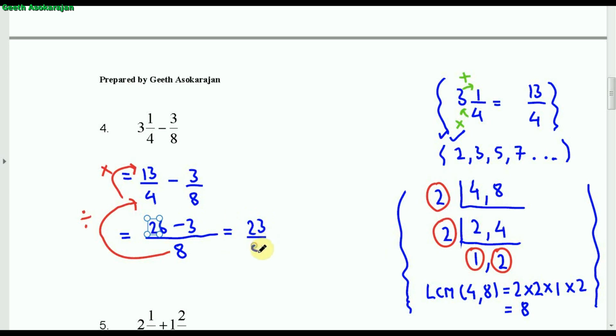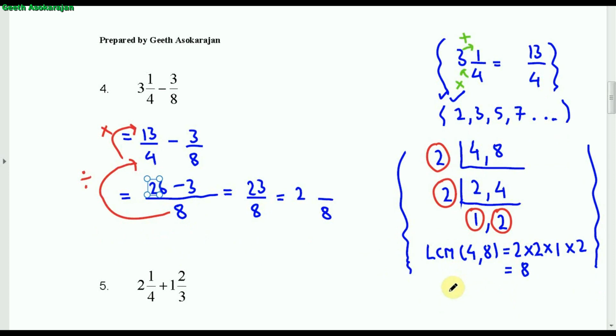So it's 23 over 8. And this is an improper fraction. Let's convert that to a mixed fraction or a mixed number. So that over 8, let me write down there. And I know that 8 goes into 23 2 times. As 8 times 2, let me write that in the corner, is 16.